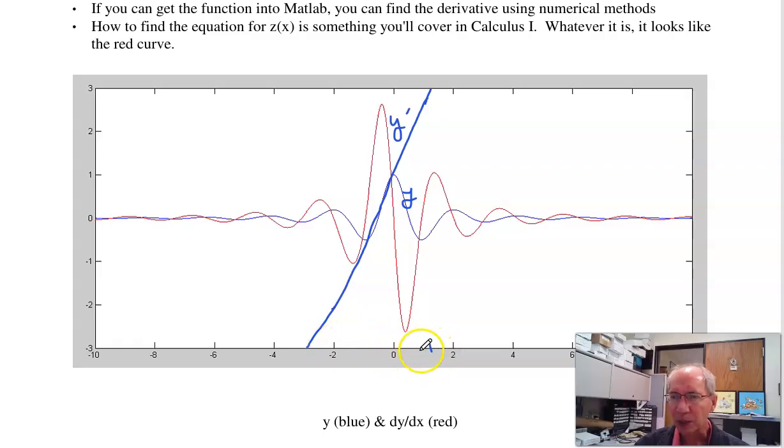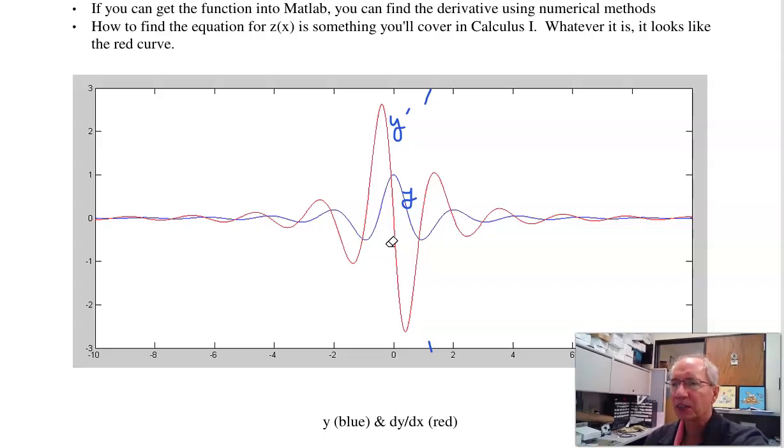The slope is about plus 3. And that's what you see in the derivative. It's actually plus 2.8. So there I found the derivative using numerical methods. Now again, note, if I can't find the derivative by hand, not a problem. As long as I can get the function into Matlab, Matlab will find the derivative.